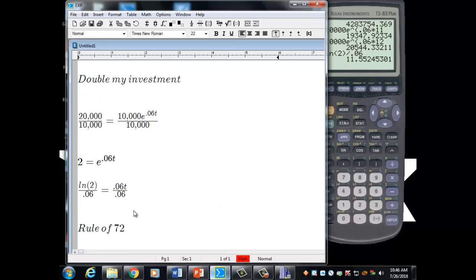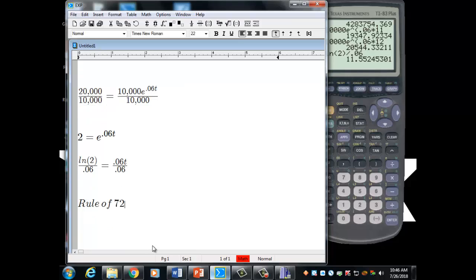So if instead of 6%, how long will it take to double at 8%? What's the answer? Well, the rule of 72 would say it's about 9. Right? The rule of 72 says it's about 9.